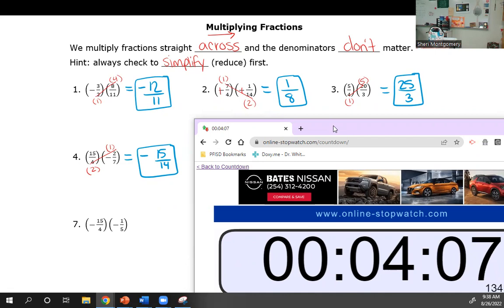And then 5 times 10 is 15. Can that reduce? I know you can just start by halving. 1 at the top of 2, and then 5 at the bottom.